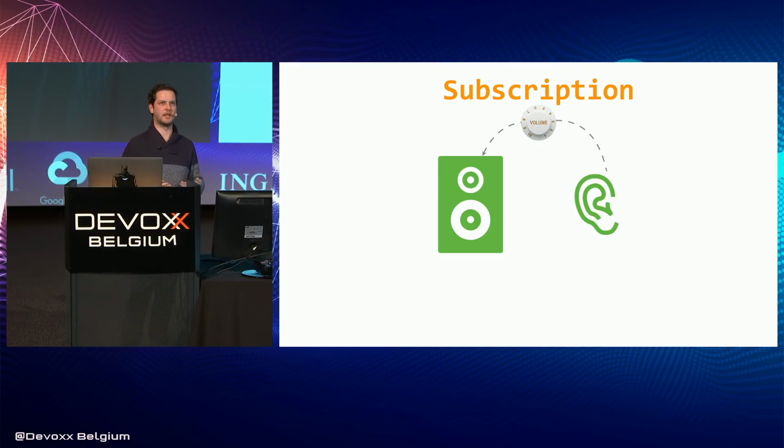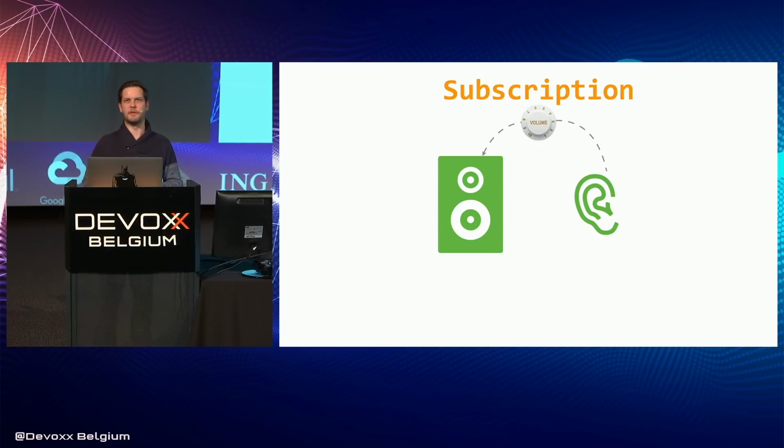I know I have the processing capability to process 10 elements. Push them to me as they become available, but don't push more than that, because otherwise I would get overrun. So fast publisher, slow subscriber, it can adapt through the subscription, the request. And also that subscription object that you get can be used to cancel the whole pipeline from end to end.